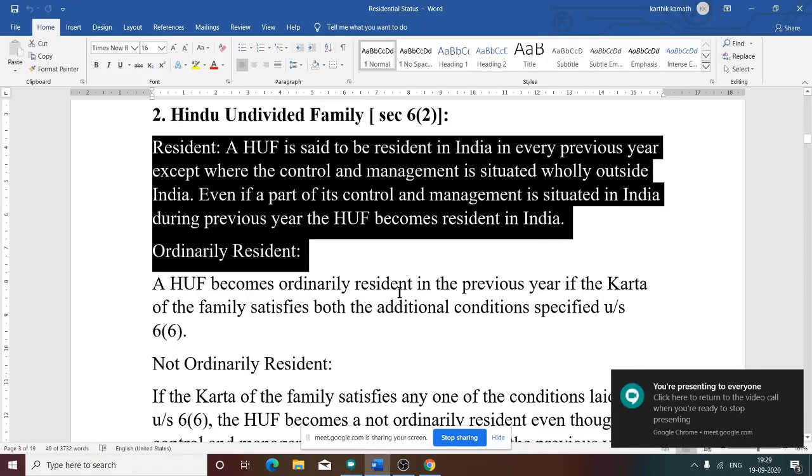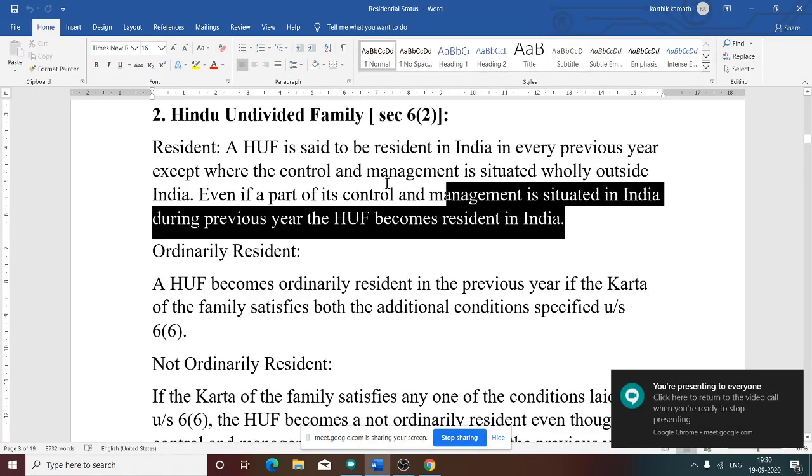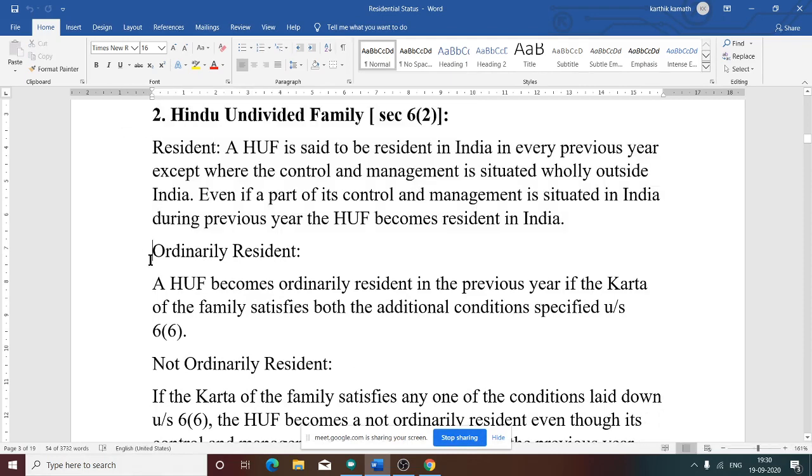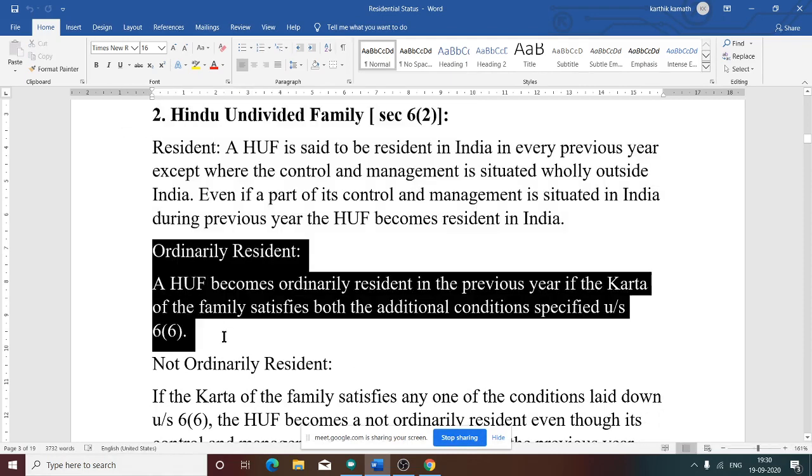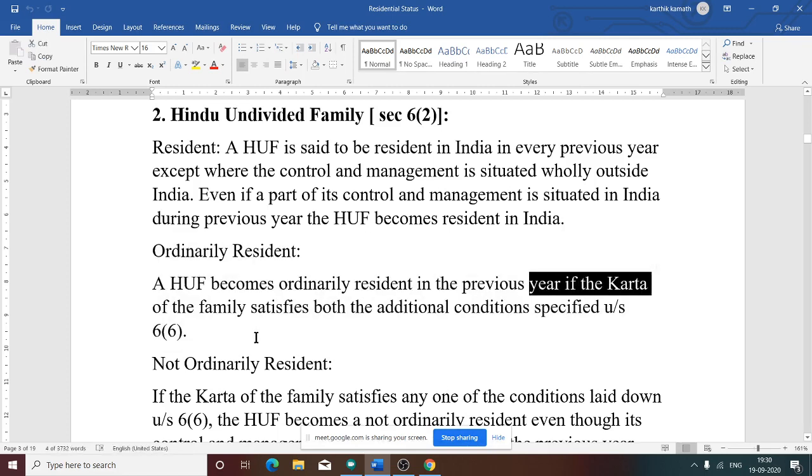So now you know when HUF can become a resident in India. Next, when can HUF become ordinarily resident? For HUF to become ordinarily resident in the previous year, the Karta of the family, the head of the family, should satisfy both the additional conditions specified under section 6 clause 6.